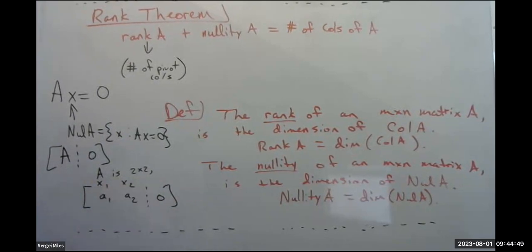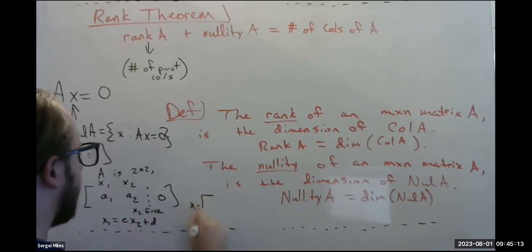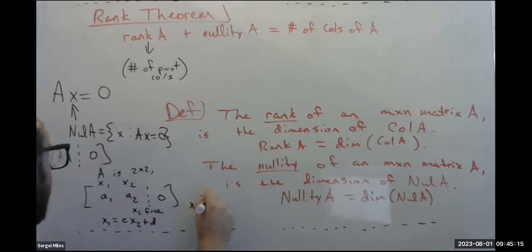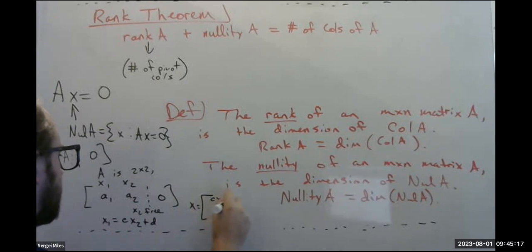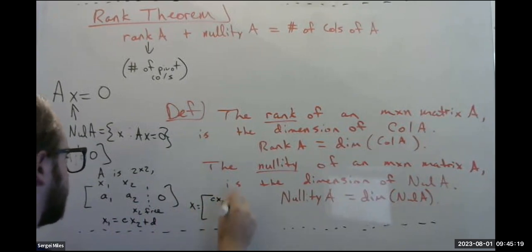And when you're solving this out, the number of free variables tells you what your span is going to be. If x2 is free, then x1 is going to be some constant times x2, and maybe there's another constant. But then when we write out the vector x, we're going to have x1 and then x2 is free.